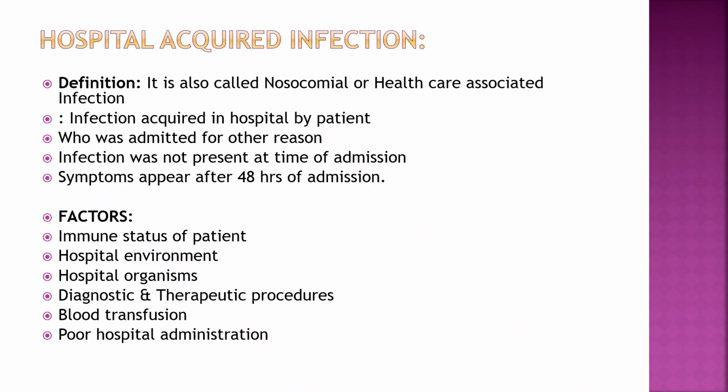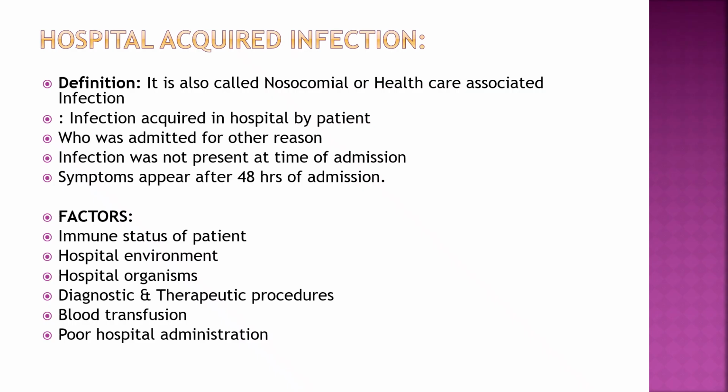Now what are the factors which give rise to hospital acquired infection? First is the immune status of the patient. If immunity is good, then the patient will not get hospital acquired infection. Then the hospital environment: if cleanliness is there, then there will not be hospital acquired infection. Then hospital organisms present in the environment.